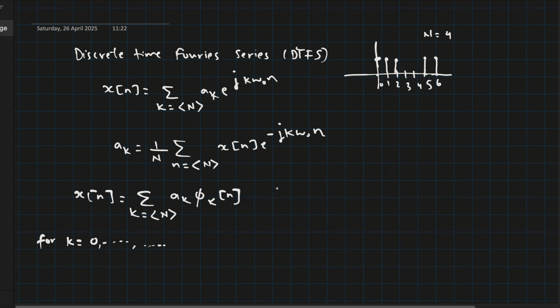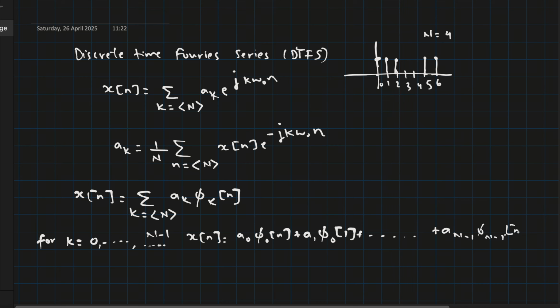So x of n can be represented as a 0 phi 0 of n plus a 1 phi 1 of n, and similarly up to a N minus 1 phi N minus 1 of n. This is equation A. For k from 1 to N, what will be the period?